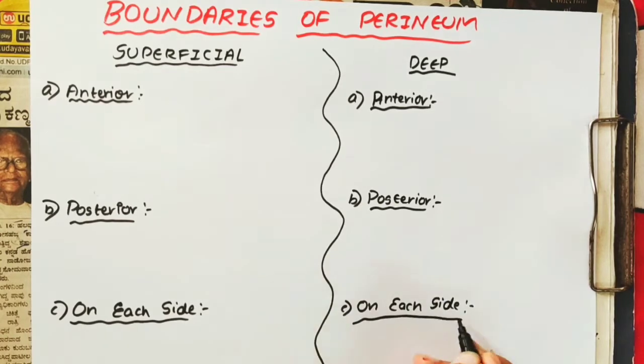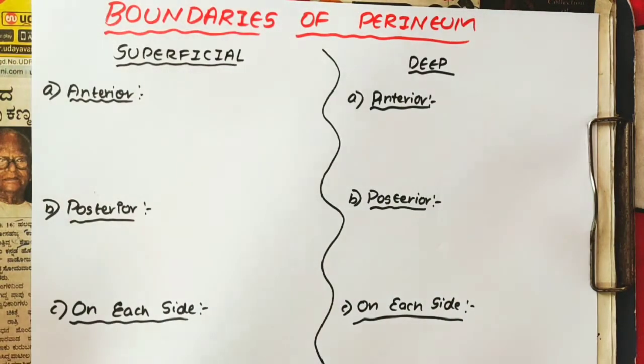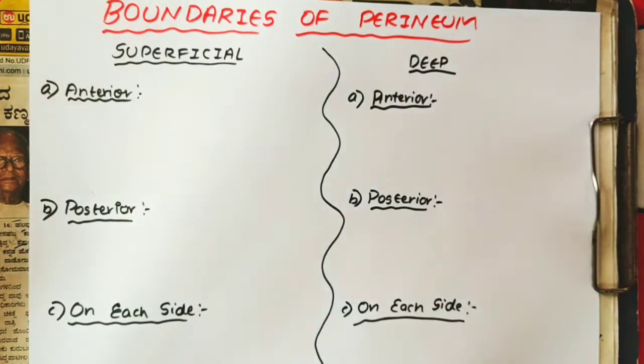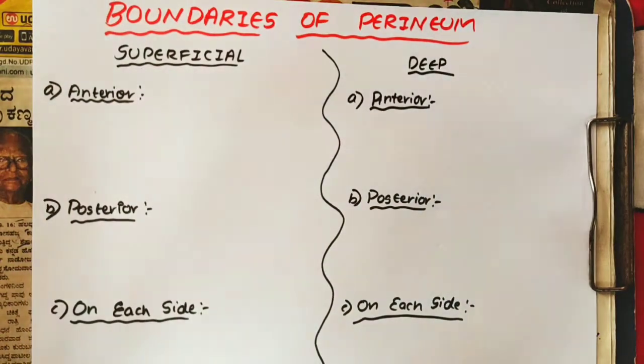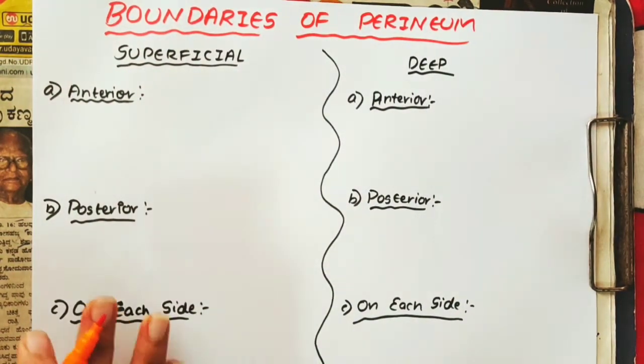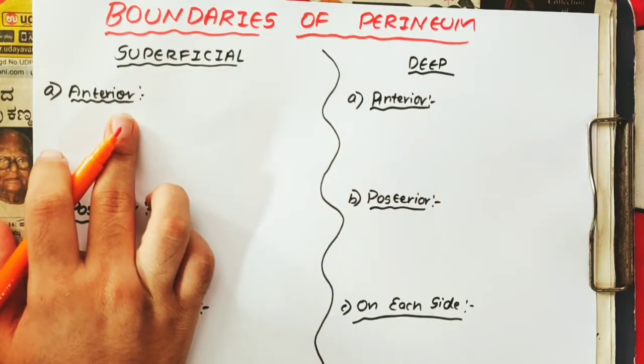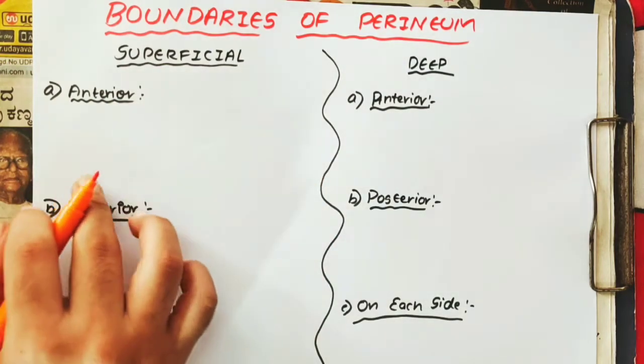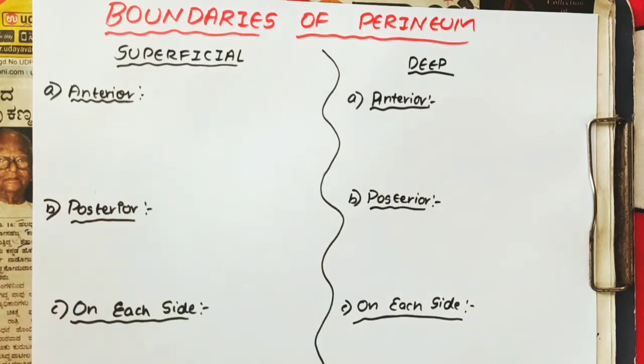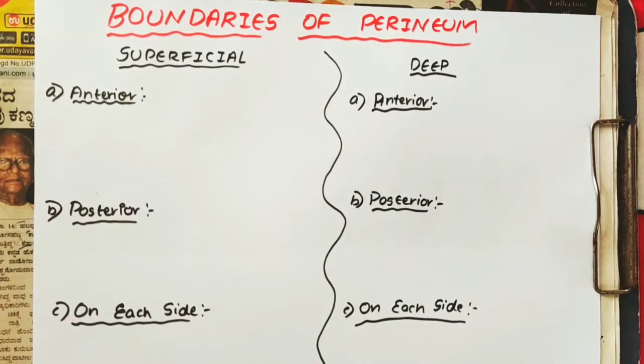Okay, so we'll look after the boundaries of both superficial and deep perineum. So boundaries in the superficial, on the anterior side there is scrotum and mons pubis: scrotum in male, mons pubis in female, and on the posterior side there are buttocks.